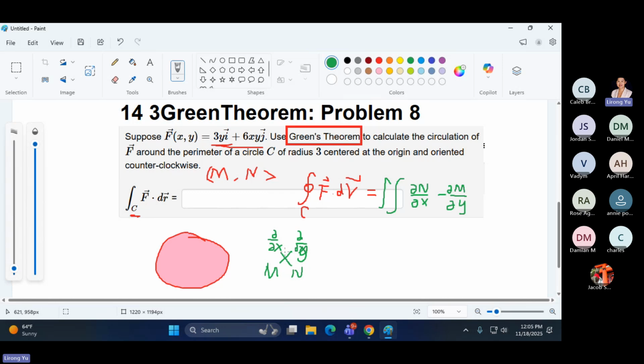The dN/dx is on the positive diagonal. Because x is the first variable, you do it first, and then subtract dM/dy. And that's the dA. So there's no worry about the normal vector.